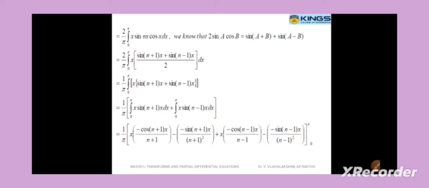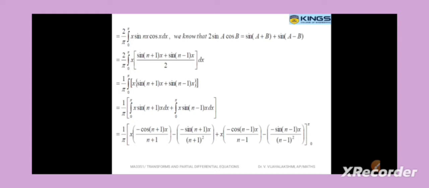Now the 2 cancelled, so you get 1 by pi integral 0 to pi x into [sin((n plus 1)x) plus sin((n minus 1)x)] dx. Now apply the integration to the first term, integral x sin((n plus 1)x) dx, plus the second term, integral 0 to pi x sin((n minus 1)x) dx.